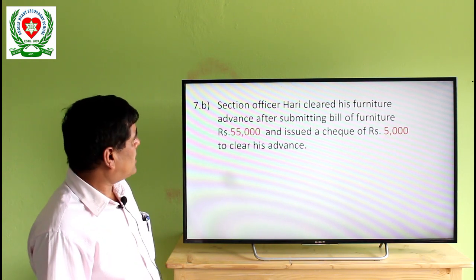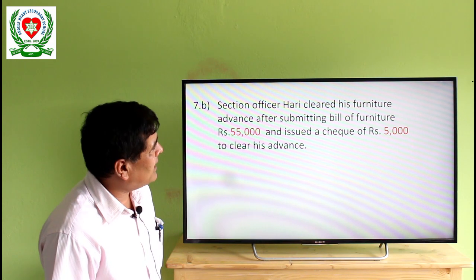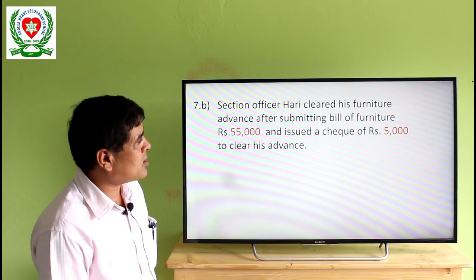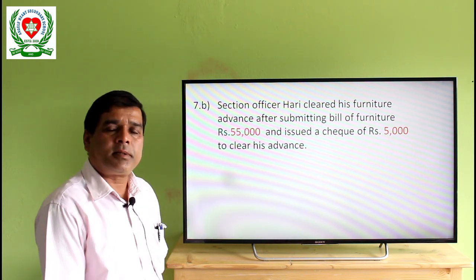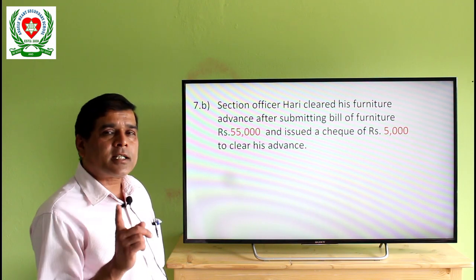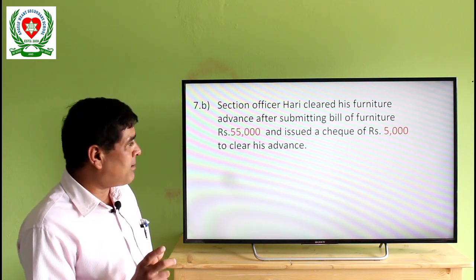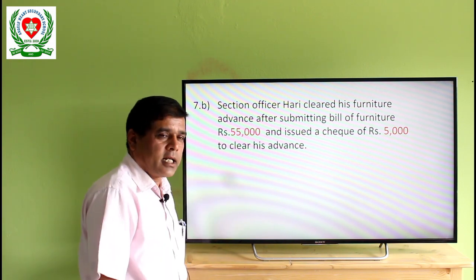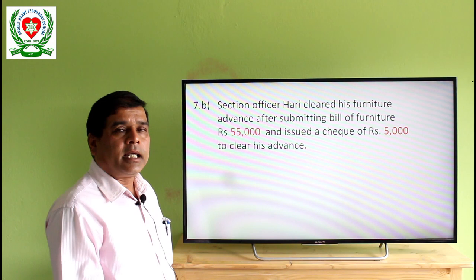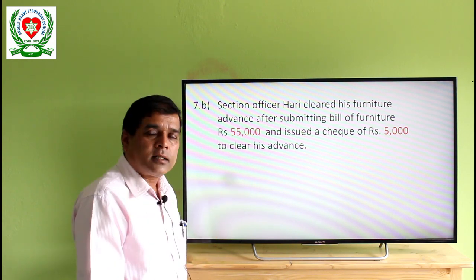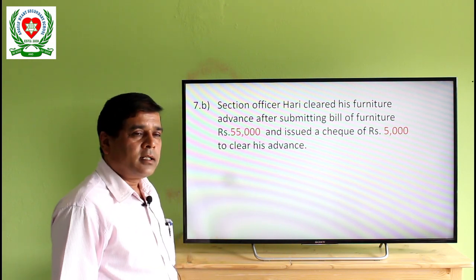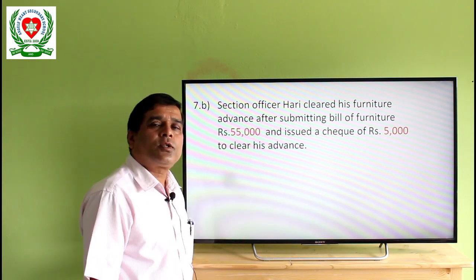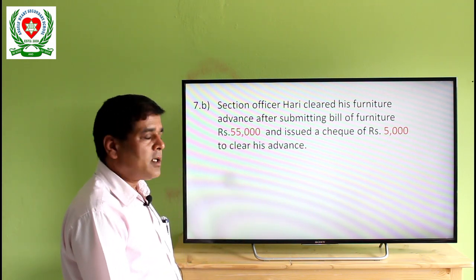Here is another option. Section officer Hari clears his furniture advance after submitting the bill of furniture, rupees 55,000. In place of the 50,000 advance, he purchased furniture of rupees 55,000. It means he spent 5,000 rupees from his pocket. This shortage amount should be given by the office.